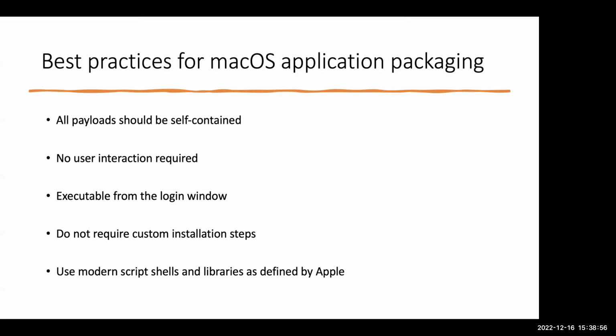The second one is no user interaction required. If your application prompts for user input during the installation, there should be a mechanism which supports unattended installation. There are certain applications which may ask where you want to store certain files, or whether to create certain shortcuts or not.